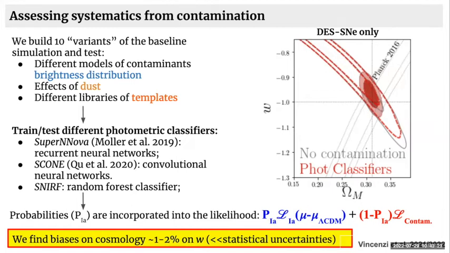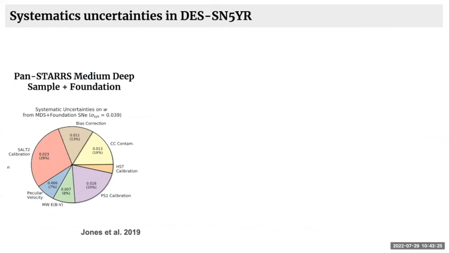If you go to the next slide, now I want to try to put these contamination issues into the big picture for DES. And I would like to show you today what are the most important systematics that are affecting the DES analysis, and what kind of cosmological constraints we expect from DES.